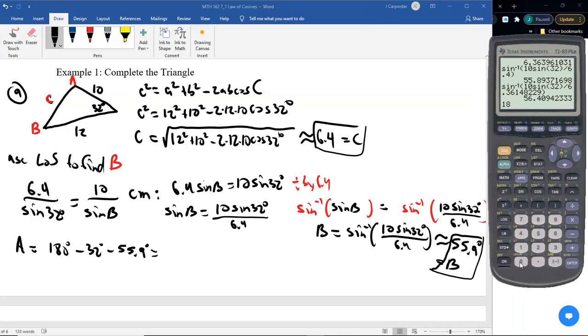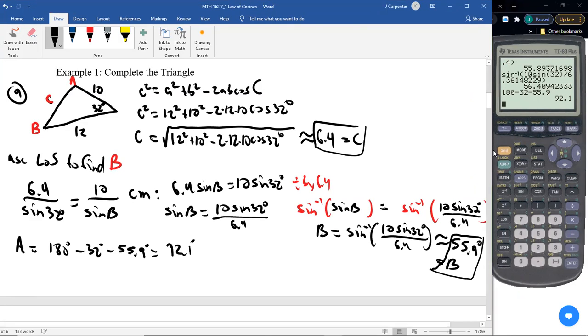And if you really want to pull out the calculator if your brain's hurting at this point, feel free. It's already staring me in the face, so I'm going to use it. And you get 92.1 degrees. That's a weird looking 9. So if we had used the actual answer, or a much better answer of 56.4, we would have done 180 minus 32 minus 56.4.